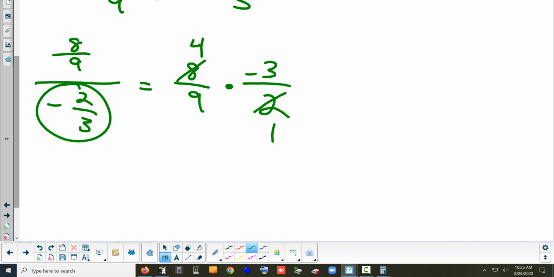How about the 9 and the -3? Does anybody see a number that goes into both of those? Yep. How many times does 3 go into 9? 3. And how many times does 3 go into 3? Once. So let's look at what we're left with. 4 times -1. What's 4 times -1?